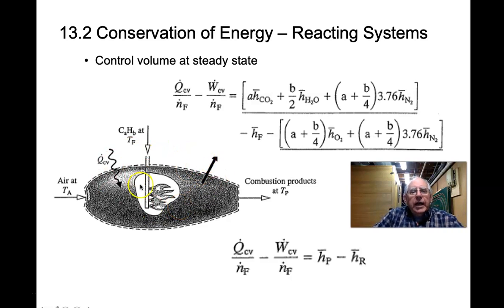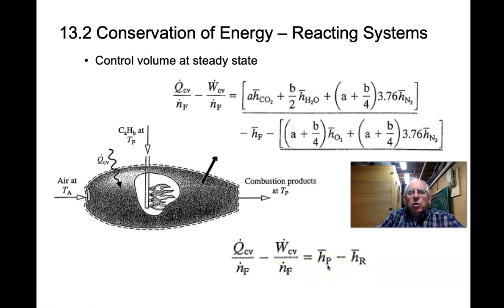And so under an adiabatic process, we see that the left-hand side would be equal to zero, and our right-hand side is just products and the reactants. And so we could say that under an adiabatic condition, the enthalpy of the reactants would be exactly equal to the enthalpy of the products.